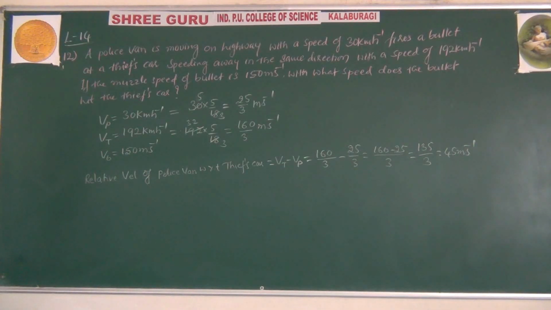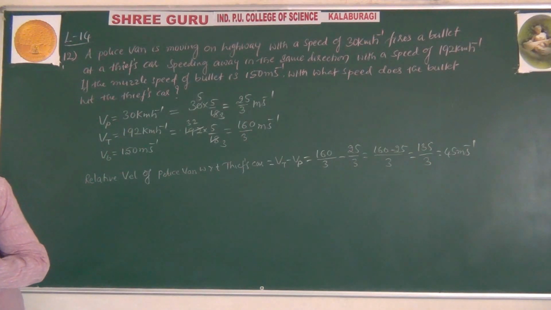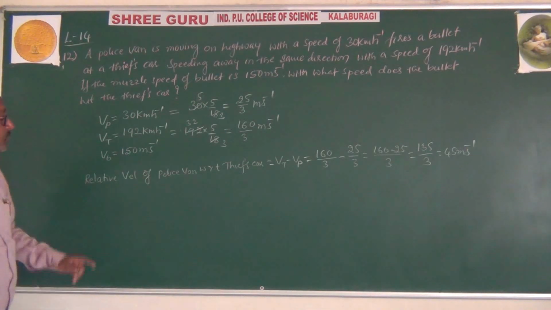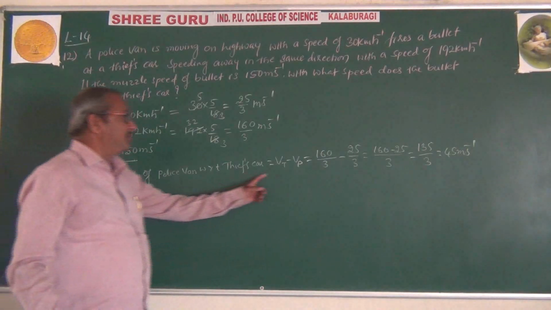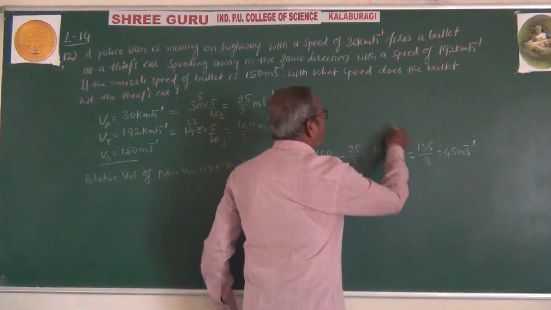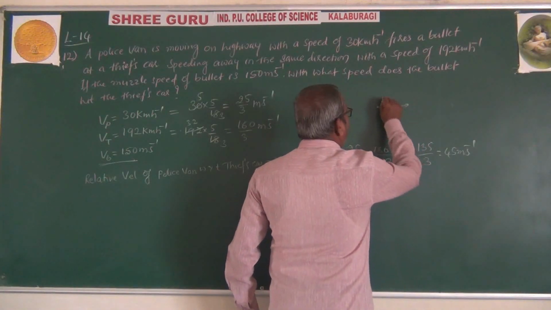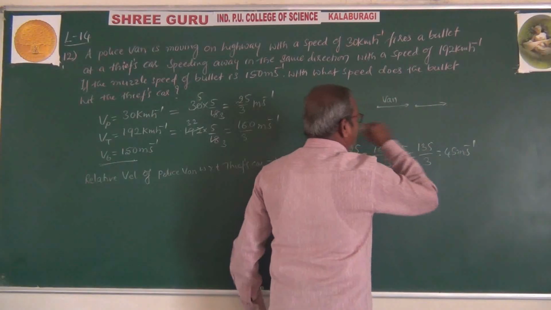Now we will go here. What is the velocity of this bullet with respect to the relative velocity of the police van and the thief's car? Here is the speed of the bullet, and the relative velocity of the thief's car and the police van is 45 meters per second. Both are moving in the same direction.